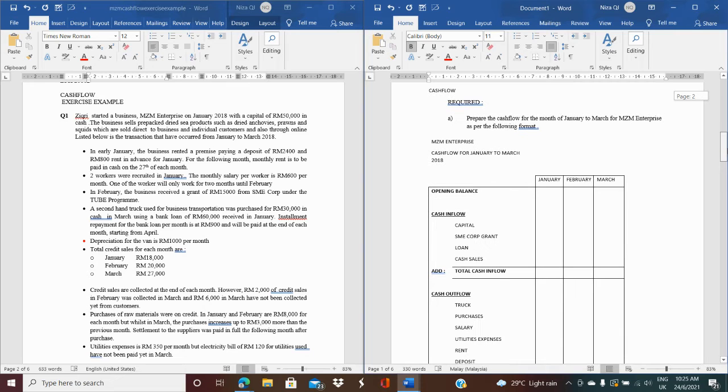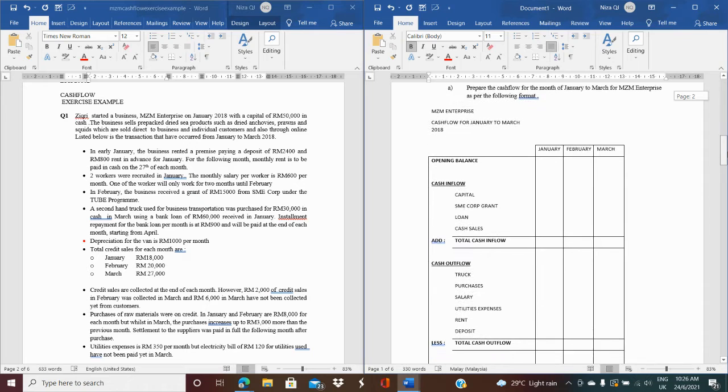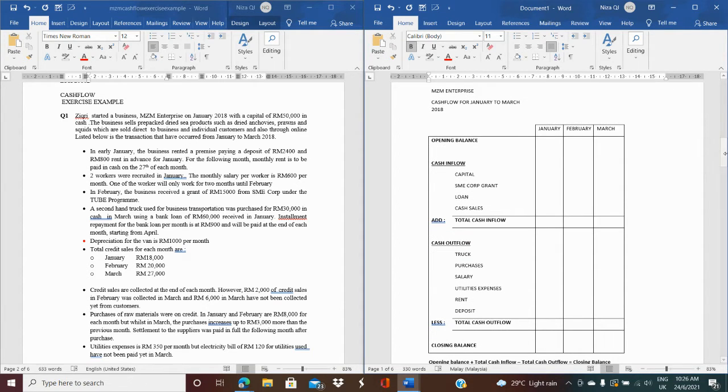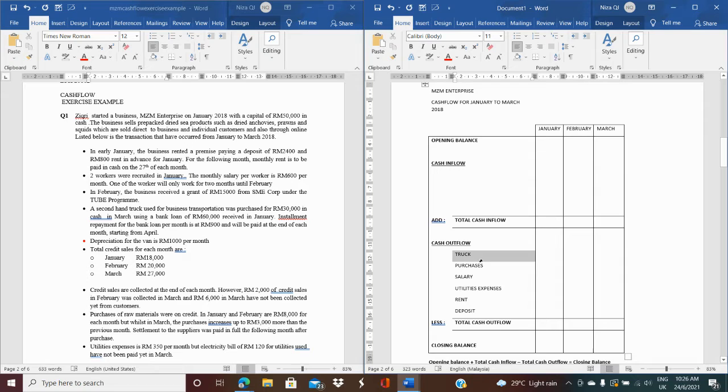So you are required to prepare the cash flow for the months of January, February and March for MZM Enterprise as per the following format. So just copy the format, and then let's start. I'm going to delete all the information here first.